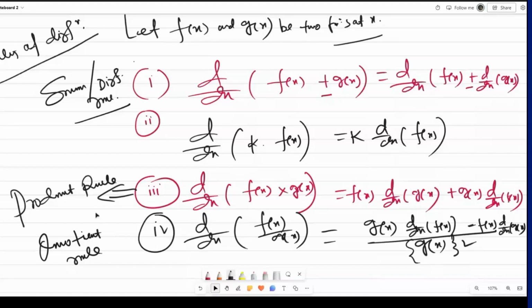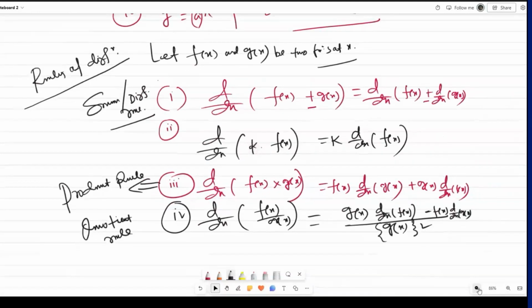Look at the third and fourth. Just look at third and fourth. Try to understand. I'll give you lots of examples. Don't worry. Everything will be done. Just check number 3 and 4. Did you understand? Yes, sir. Okay. So the third one is the product rule and the fourth one is the quotient rule. Let me apply them in solving sums.